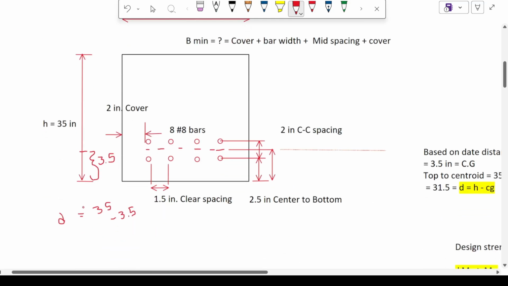I know top to bottom, but now I want top to centroid. I already said the bottom till the center of the lower layer is 2.5, and from there till the centroid between the bars is 1. That means bottom till the centroid is 3.5. So if I subtract this 3.5 from 35, that is nothing but my d value.